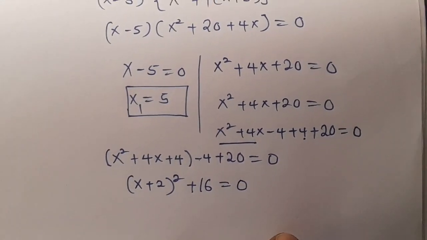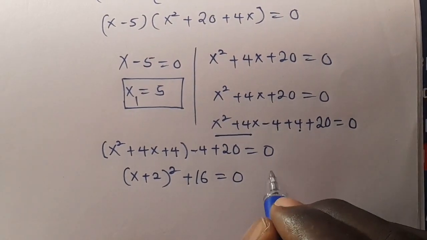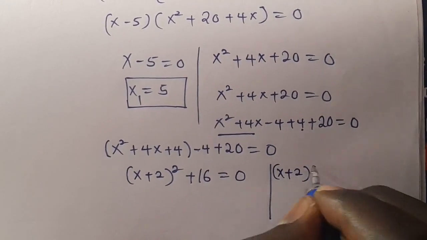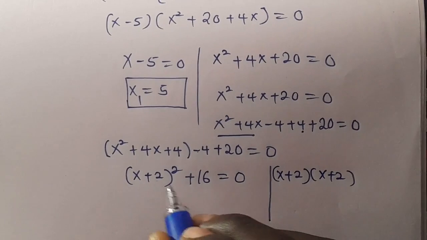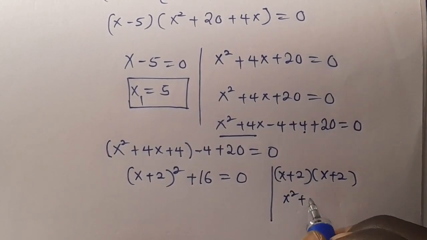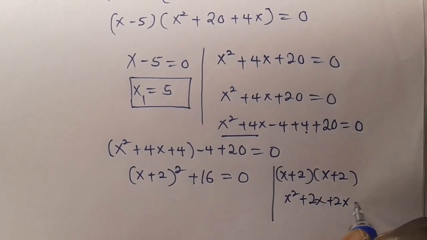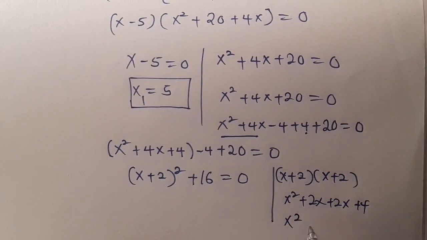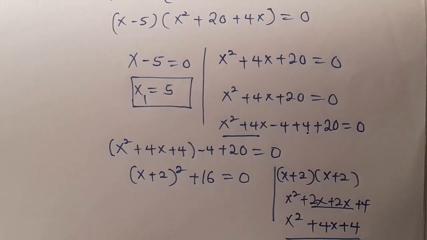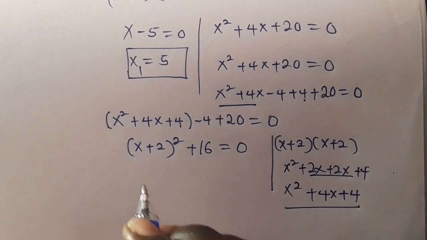So now guys, if you want to check for this, when you have x plus 2 multiplied by x plus 2, x times x will be x squared, x times 2 will be 2x, 2 times x will be 2x, 2 times 2 will be 4. From here we have x squared, this will be 4x, then you have your 4. So you're going to have this back equals this.